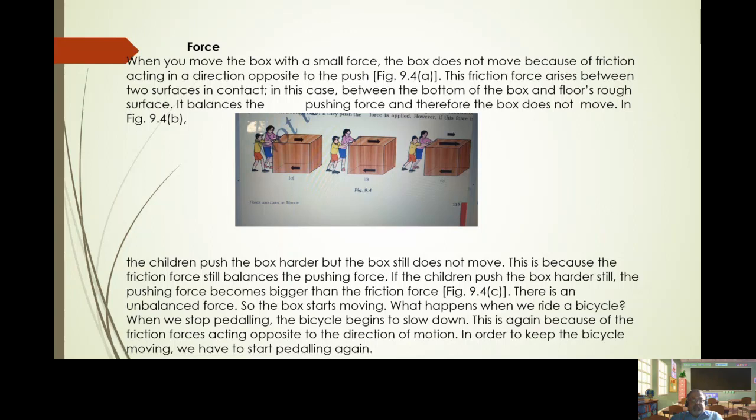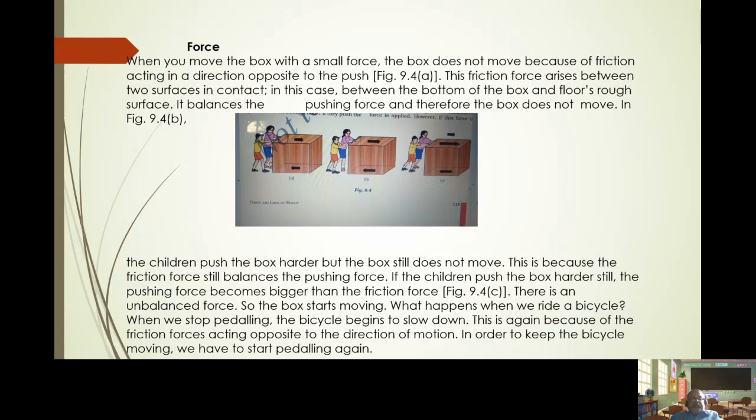What happens when we ride a bicycle? When we stop pedaling, the cycle begins to slow down. This is again because of the friction force acting opposite to the direction of the motion. In order to keep the bicycle moving, we have to start pedaling again.